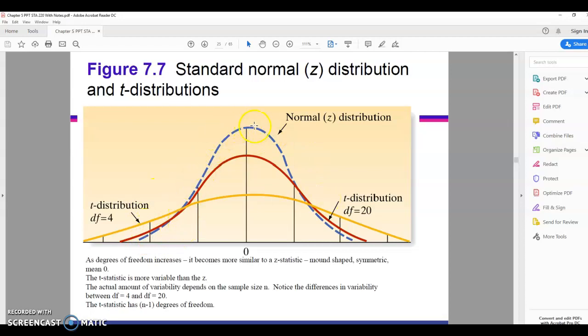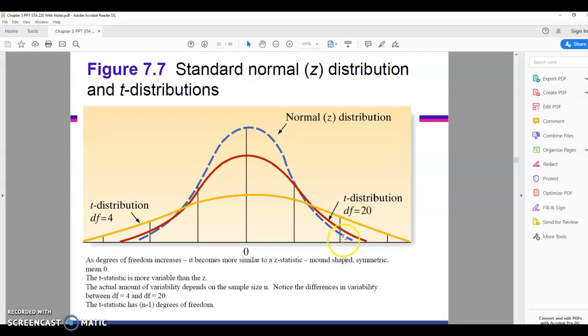And again, you're getting the idea of the different distributions. If you see the blue line here, that's your normal distribution. Then you get a t-distribution with a degree of freedom of 4, and then a t-distribution with degrees of freedom of 20. What happens with your degrees of freedom is that for a t-distribution, your degrees of freedom is n minus 1. It's your sample size minus 1.